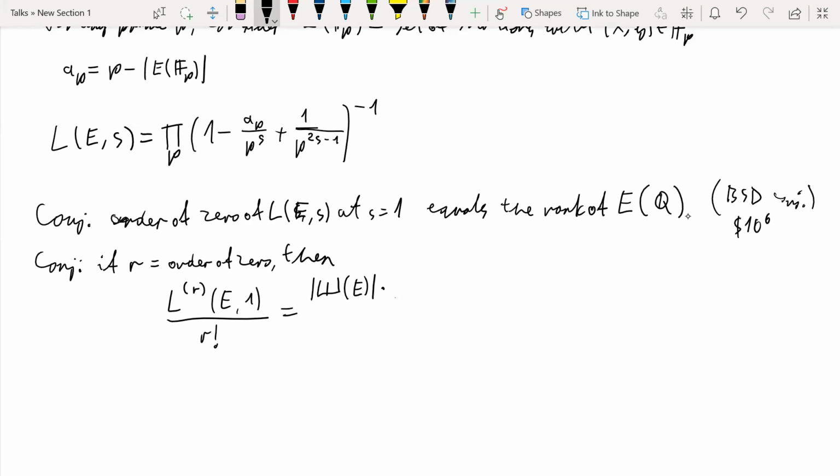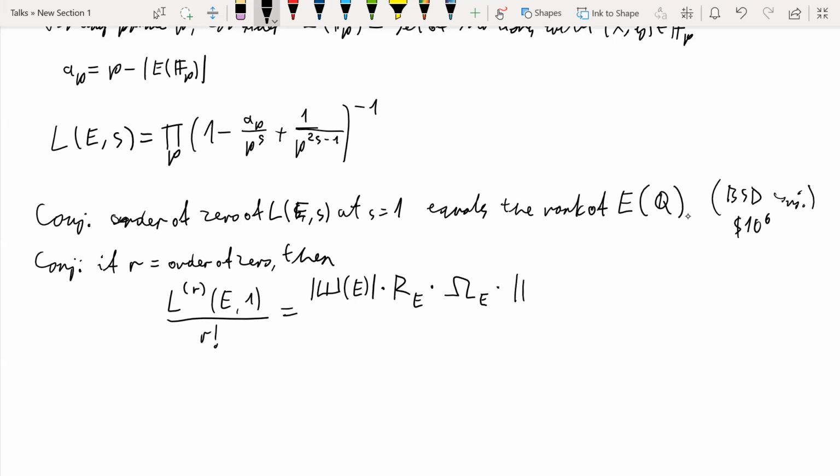times R of E. So there's a quantity called the regulator. It is analogous to the regulator of the group of units, and it measures how sparse the set of points of this elliptic curve is. And then we have something called omega E, which is a certain integral over the real numbers taken over the elliptic curve.